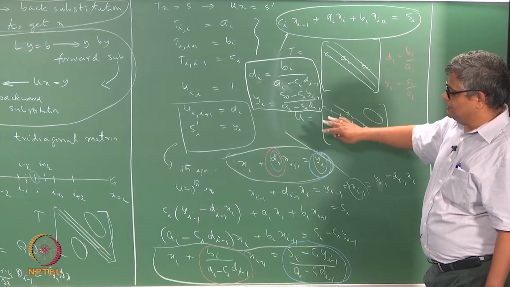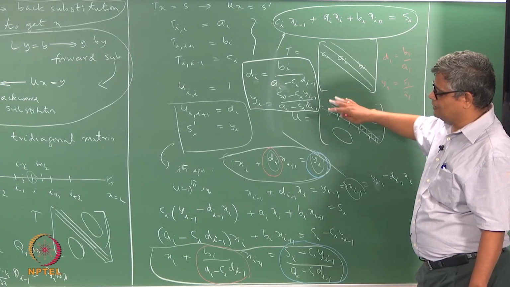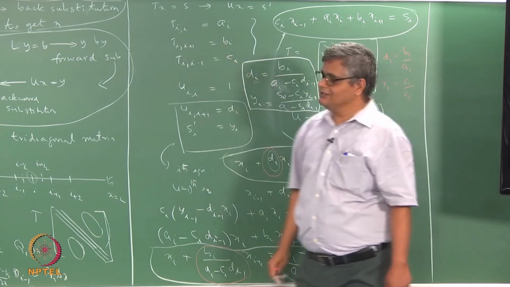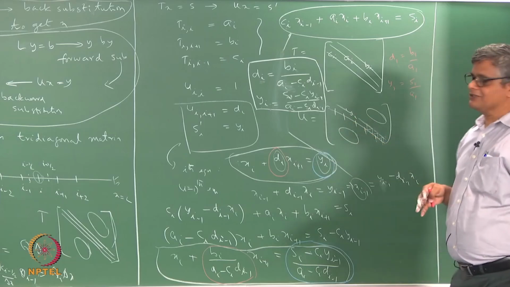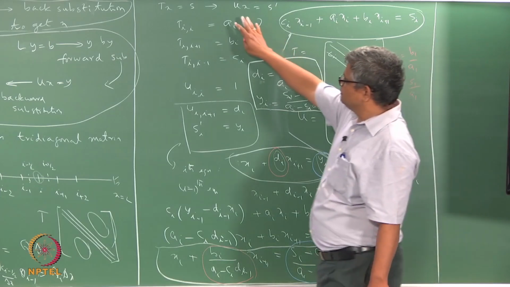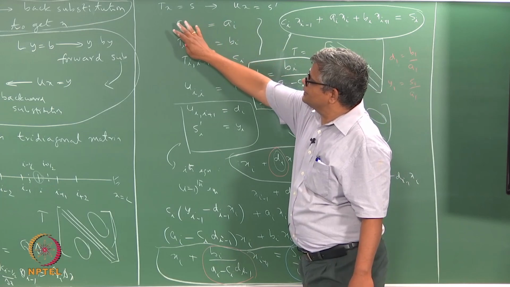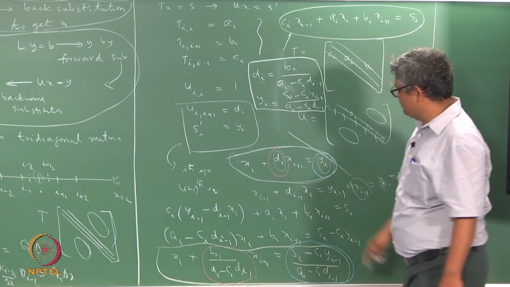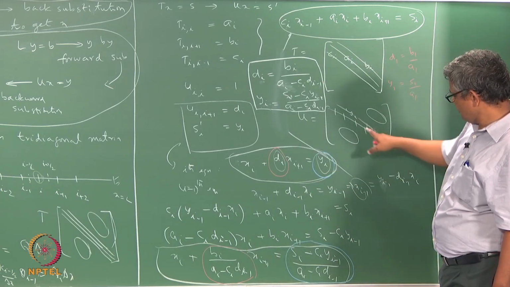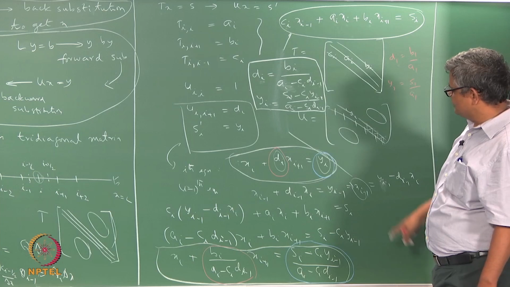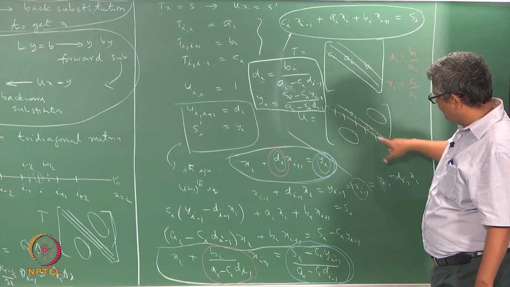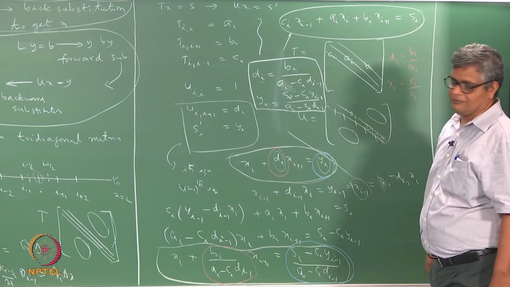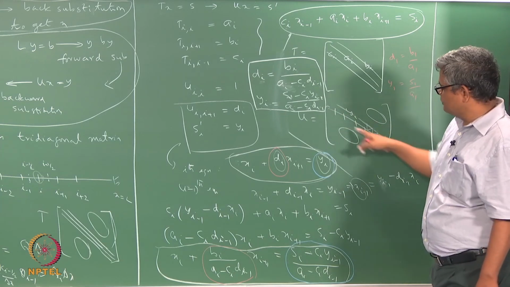Then it is a question of back substitution. So, we will write down the whole algorithm for the solution of Tx equal to S using this tridiagonal matrix algorithm, in which we write Tx equal to S in the form of an upper bidiagonal matrix involving only 2 diagonals, in which we put all these diagonal elements to be 1. Why we want to put these to be 1?